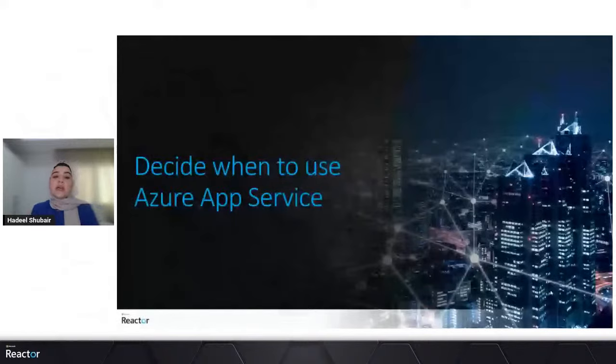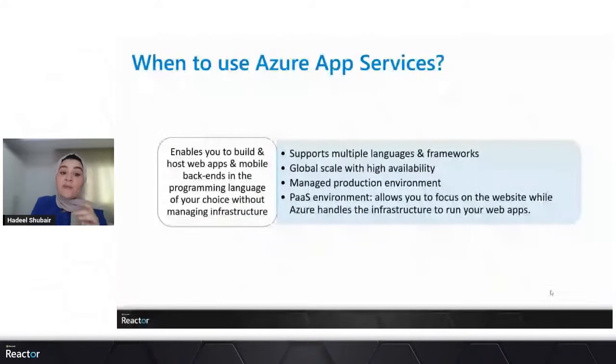So when can we use Azure App Services? As I mentioned, Azure App Services are just like their name. They are all about applications, anything from mobile apps to web apps to APIs. It helps you build those apps in the programming language that you choose, without having to worry about the infrastructure or the platform, everything that goes on behind the scenes.